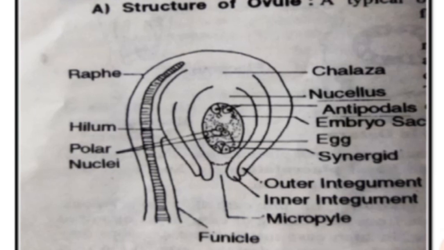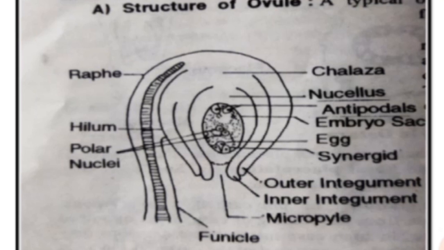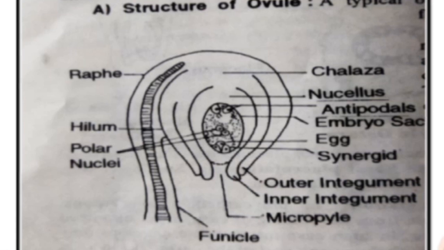The next part is the integuments. The integuments are the wall and layers which cover the embryo sac. The nucellus is surrounded by two envelopes, or two layers, called the integuments: the outer integument and the inner integument. The inner integument is formed first and then the outer integument develops.